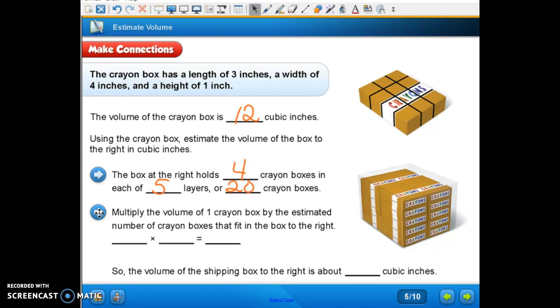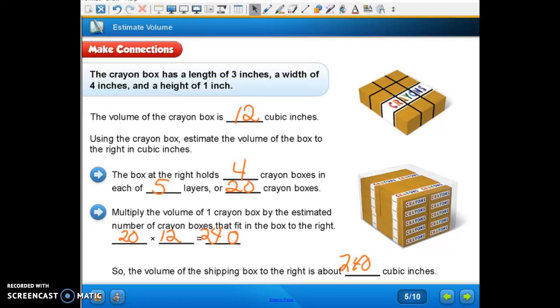Multiply the volume of 1 crayon box by the estimated number of crayon boxes. So 20 times 12. Here's my 0. 2 times 2 is 4, and 2 times 1 is 2. So the volume is 240 cubic inches.